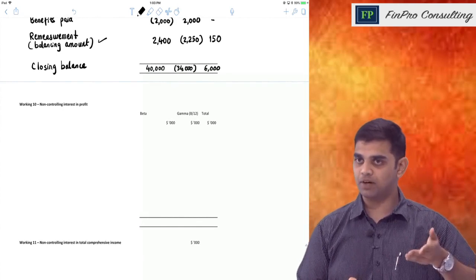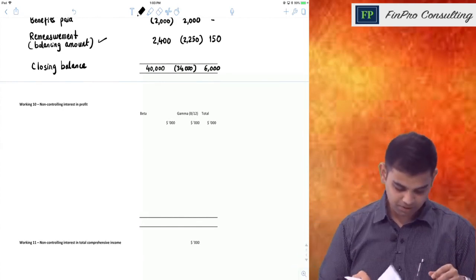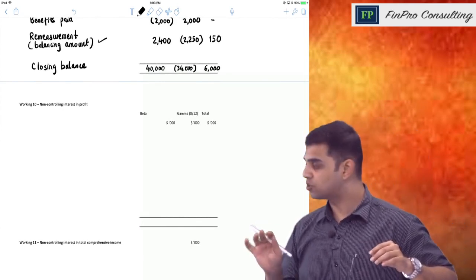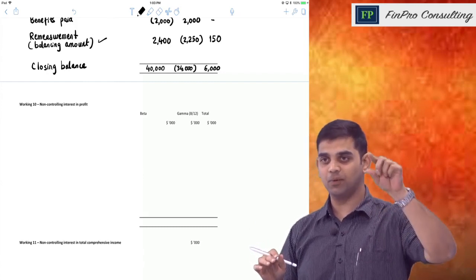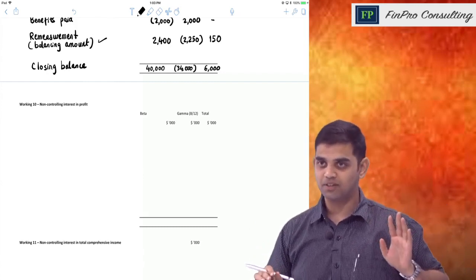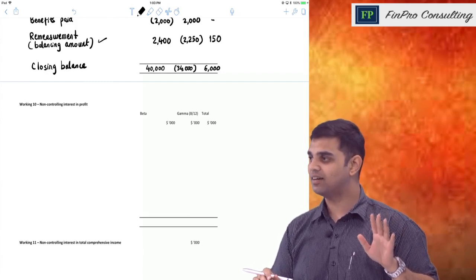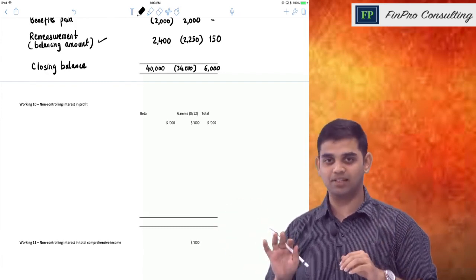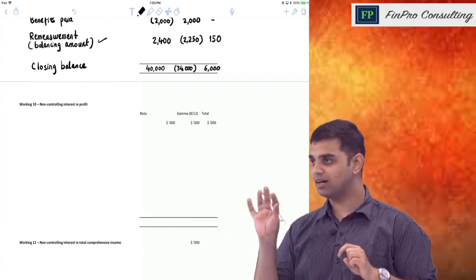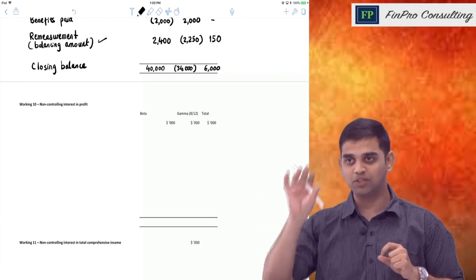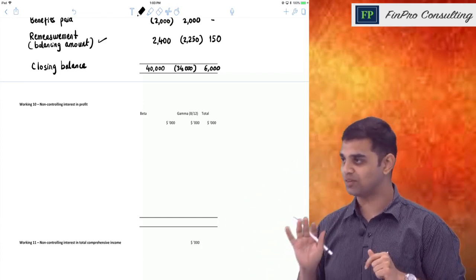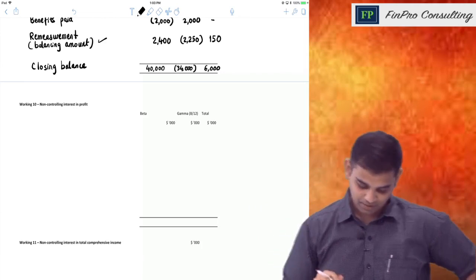Whatever is the profit given for the respective subsidiaries is my starting point. See, I have also seen people directly computing 20% of the total profits. Please don't do that, right? So sometimes it may happen in the exam. NCI का share, it is only attributable to the subsidiaries profit, not the total profit, right?